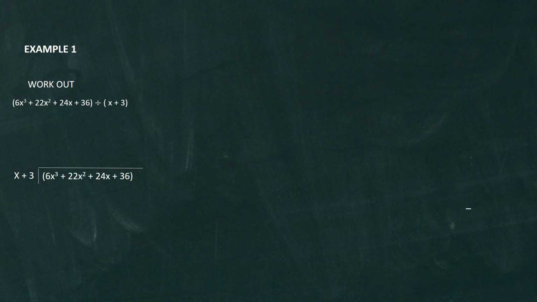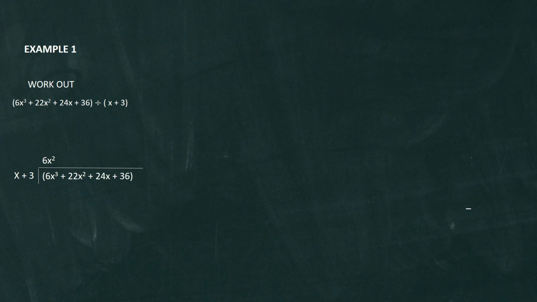Having done that, we look at x plus 3 being divided into 6x power 3. Clearly, that is 6x squared times, of course, with a remainder which we're going to find out.